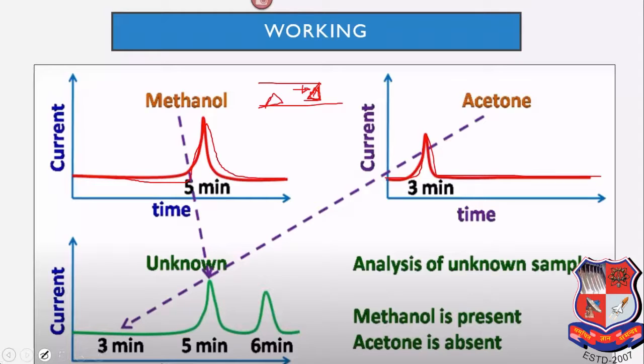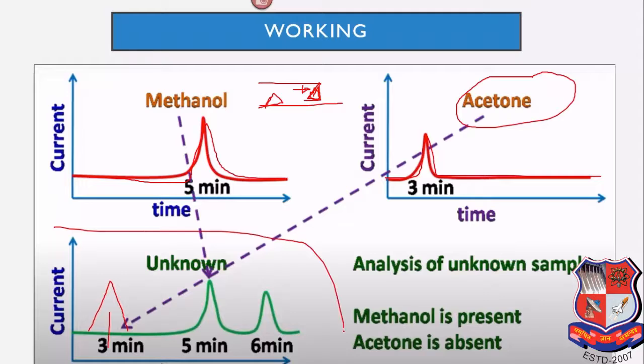So what happens when we analyze an unknown sample? At 3 minutes, where we are using this detector, we do not get the value of acetone, not a single signal is picked up. So by this image we can say it has no acetone.